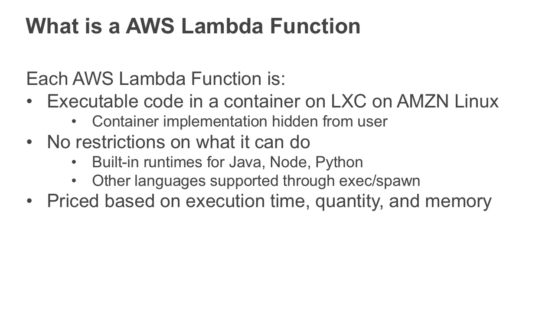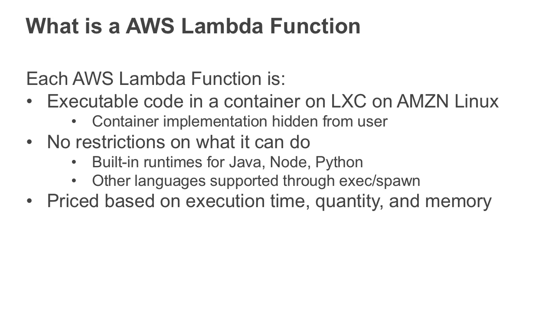All that container implementation is hidden from the user. All that you do know is that you have access to a temp directory. You have a built-in runtime for Java and for Node and for Python. And there's some basic libraries installed, like ImageMagick is installed on the box. But that's all you know. Now, other languages are supported through doing an exec or spawn through Node or Python.